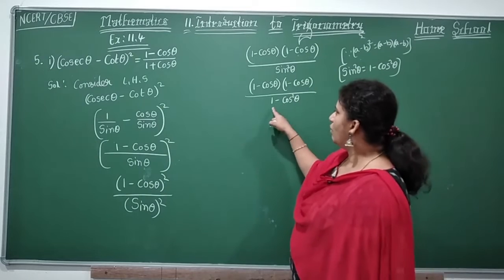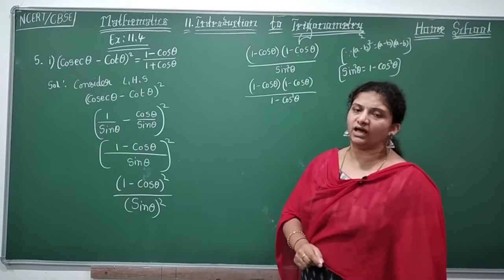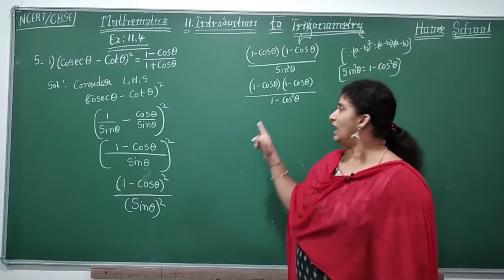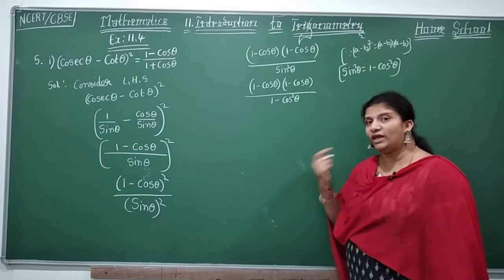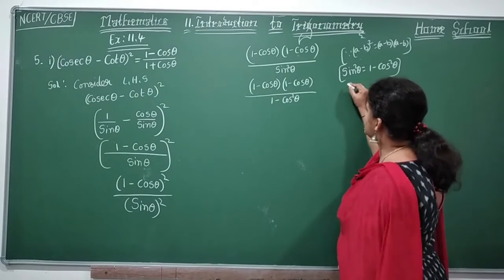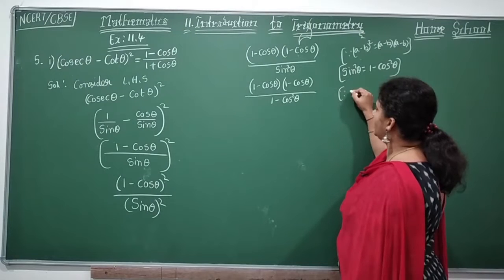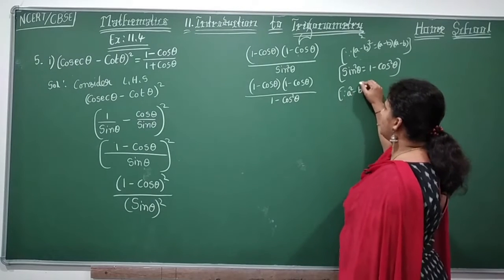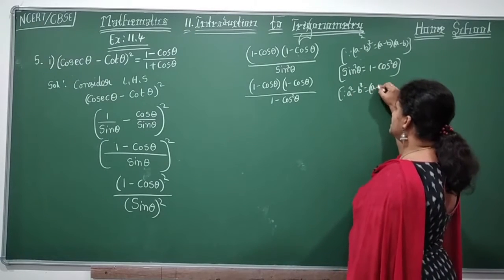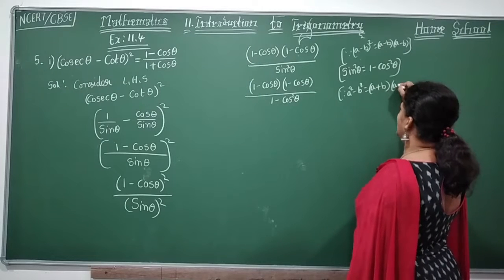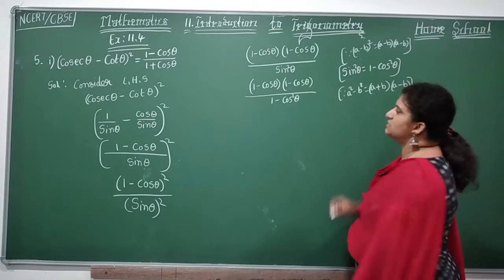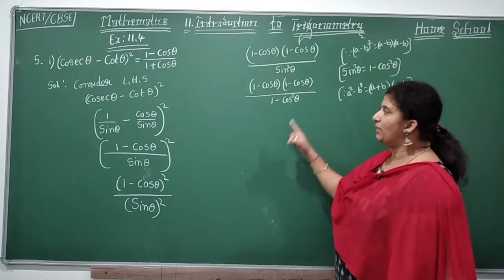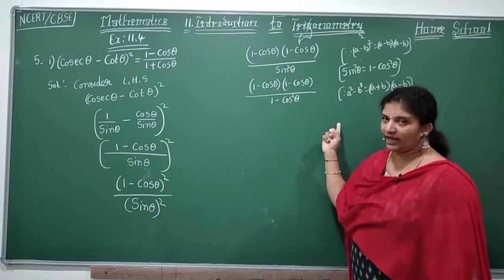So now, what is 1 minus cos square theta? Again, don't say sin square theta. I can rewrite this. How can I write this? I can see some identity here: a square minus b square is a plus b into a minus b. Whatever you are applying here, you have to show on the right side.